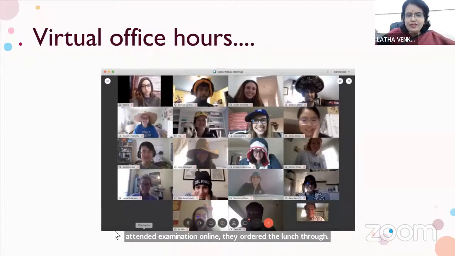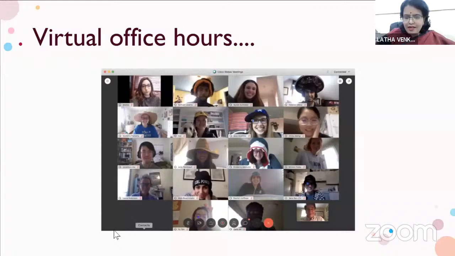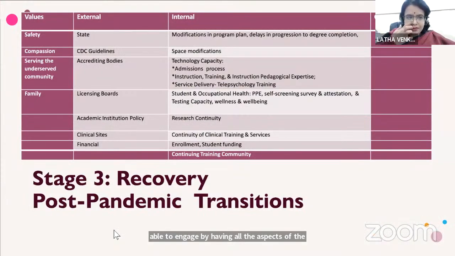So the snacks and refreshments and lunch were also reaching the table. Somebody was coming and delivering. So that way, none of the aspects of physical classes were compromised. Even virtually, we were still able to engage by having all the aspects of the teaching learning process.